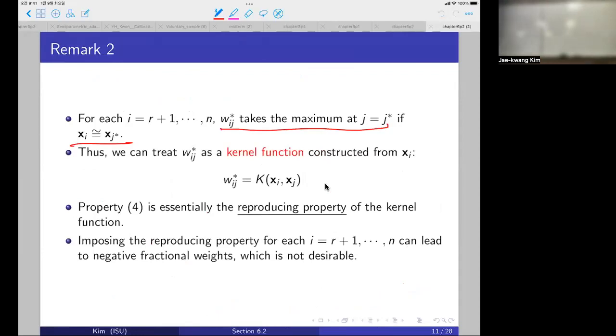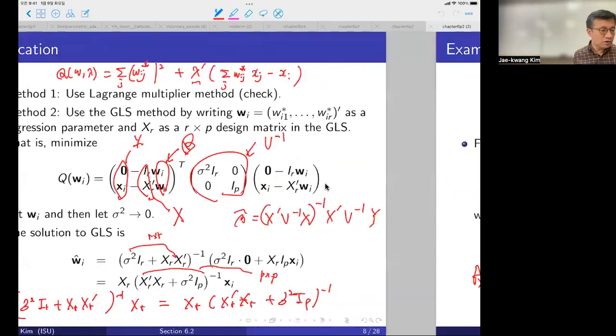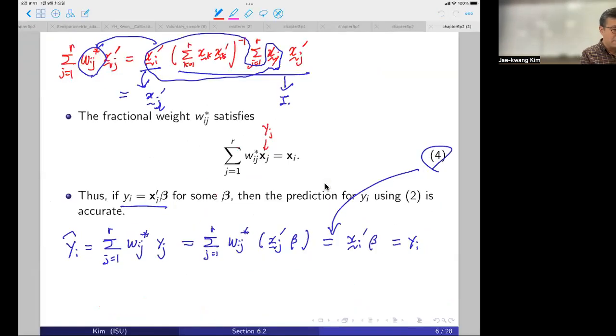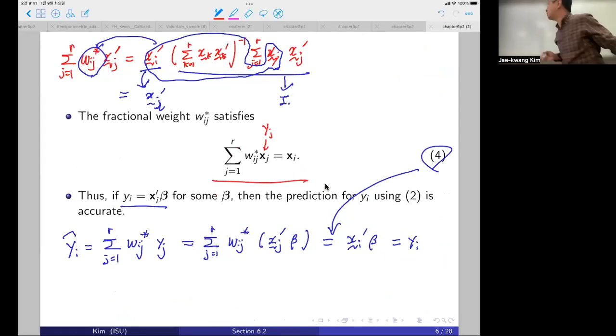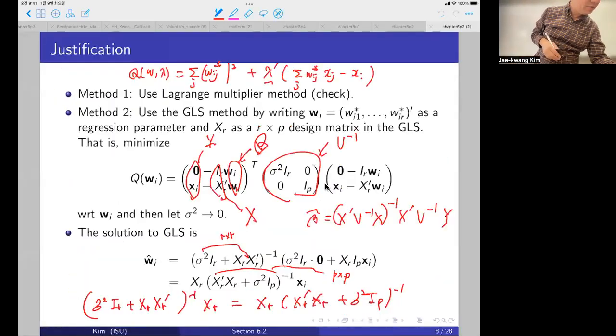And this weight, this particular kernel function, should satisfy property 4. So what is property 4? This one, right? We should give back our current xi, which is very close to the concept of the reproducing kernel.